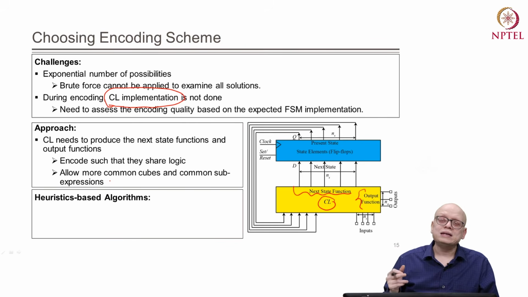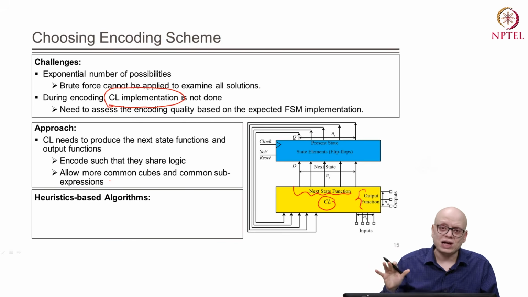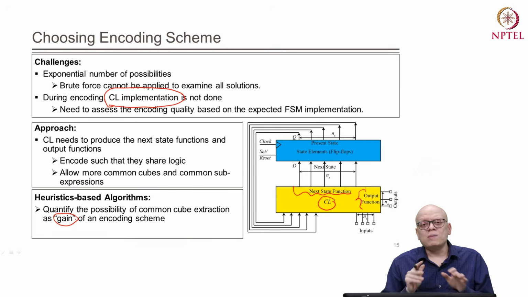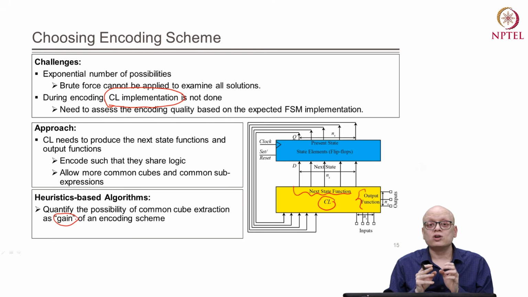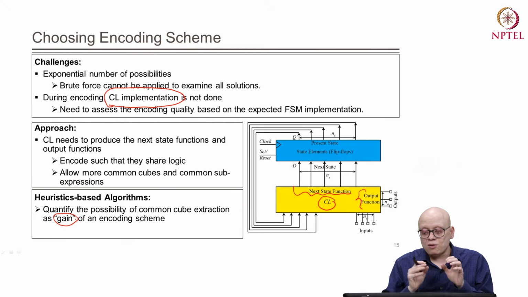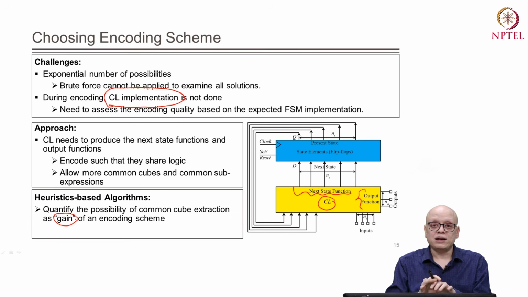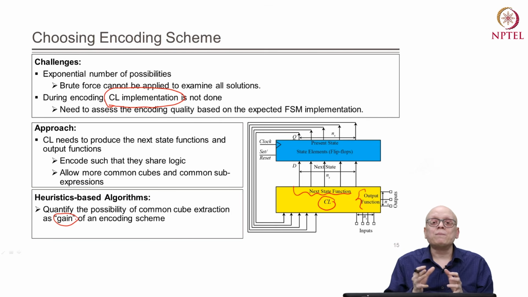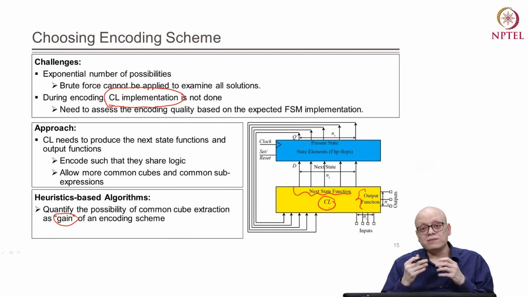So, what do tools do? They follow some heuristic algorithms. They define what is known as gain, which somehow quantifies the possibility of common cube extraction or common sub-expression extraction for a given encoding scheme, right. Given an encoding scheme, it tries to formulate a function called gain, which captures how much sharing of logic can happen in the CL block for that encoding.